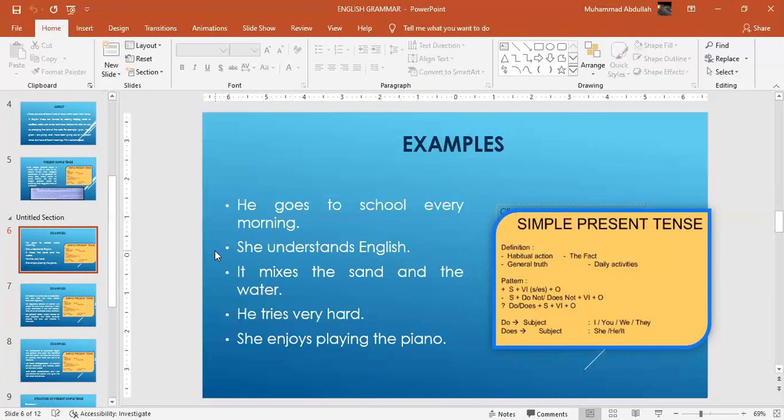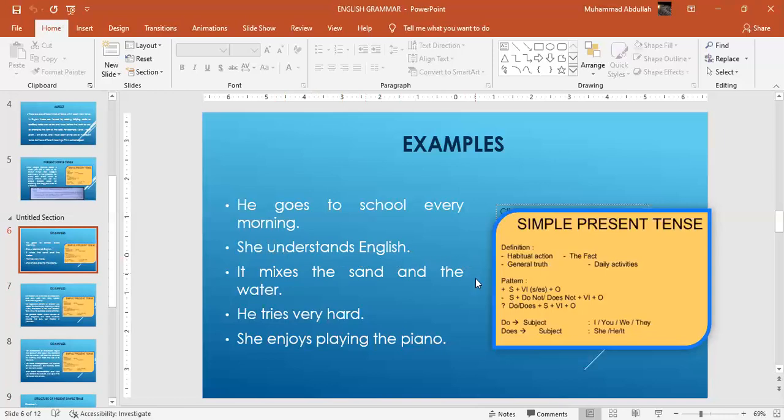First comes what? Subject, she. Understand is the verb, first form, but as it is third person singular, we use S, right? Here, the verb form will take S. If we say she understand English, it is wrong, right? We need to use understands, S form of the verb, and then English is the object.